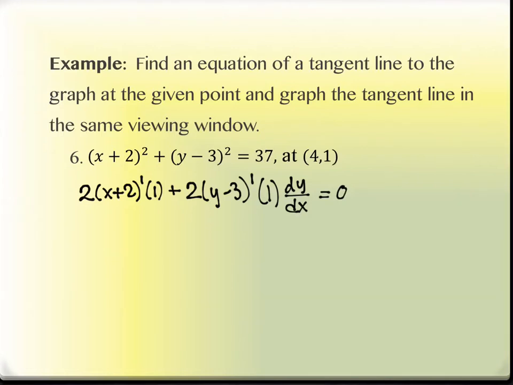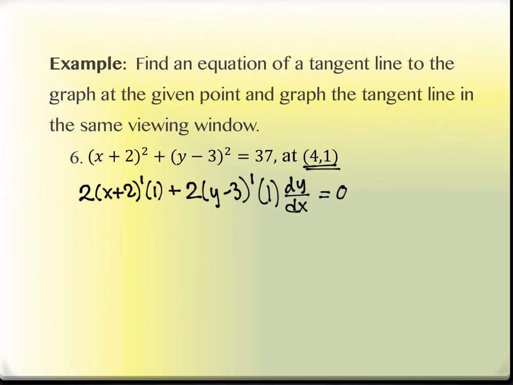Now, this does not ask me to solve for dy dx. Did you guys notice that? If you really want to, more power to you, go right ahead. But it does not ask me to do this on this problem. So you can actually plug values in right now. I've got the x coordinate 4 and the y coordinate of 1.